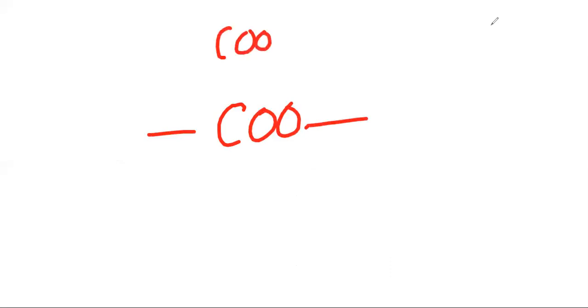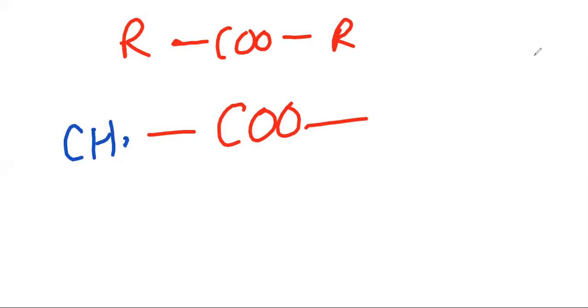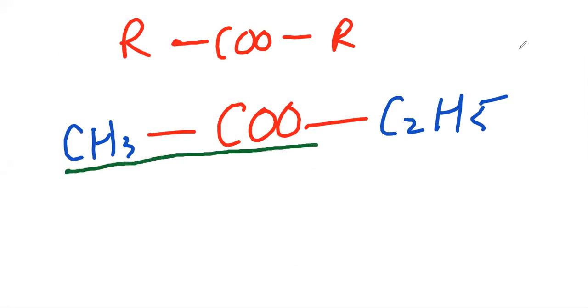I'm giving you some more examples. COO on both sides, general formula. Now I'm adding CH3 in one place and C2H5 at the other. What will be its name? This is ethyl.